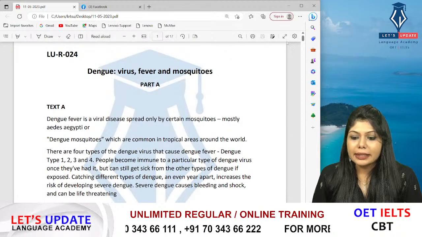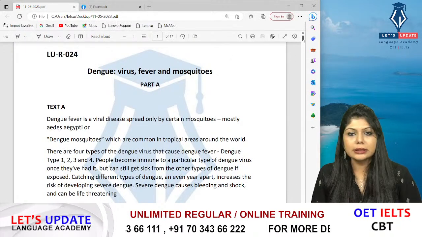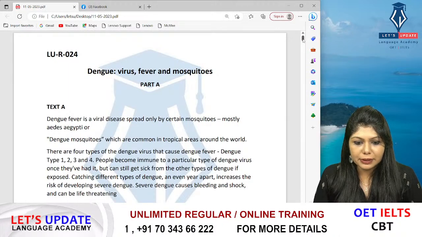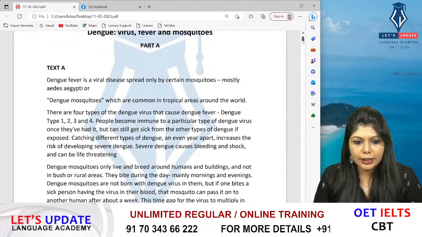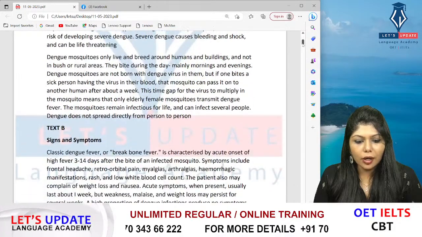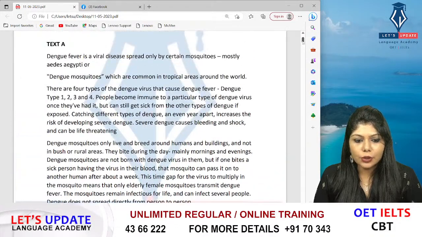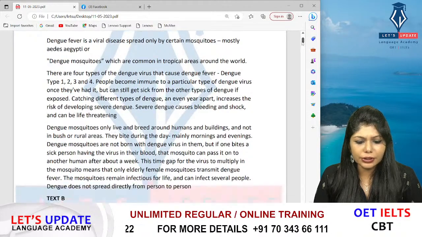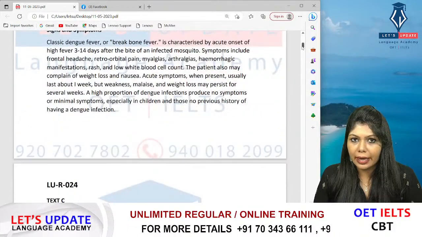As you can see on the screen, this is a module of the OET reading subtest, and you will have 4 short texts. This is text A, and it has around 3 paragraphs, and B will have another paragraph.